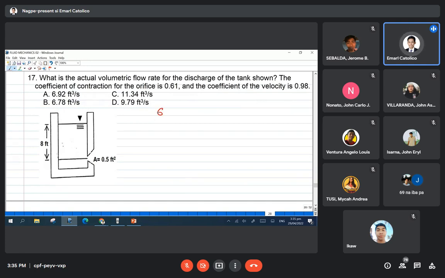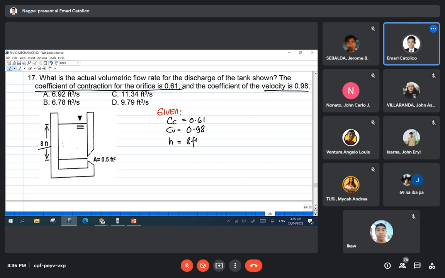Okay, kunin muna natin si given. Coefficient of contraction, 0.61. Yan yung ating CC. Coefficient of velocity, yan yung ating CV, 0.98. 8 feet, yan yung ating height. Height nung water.